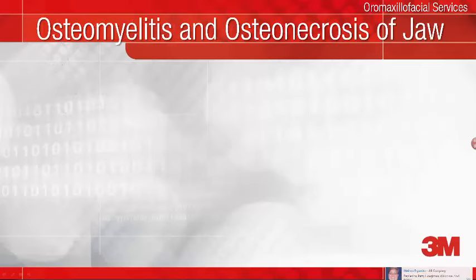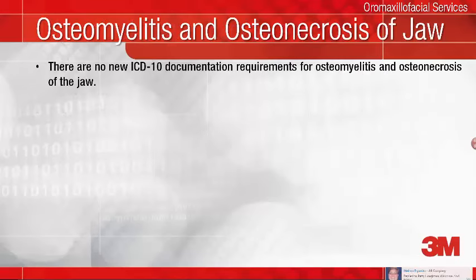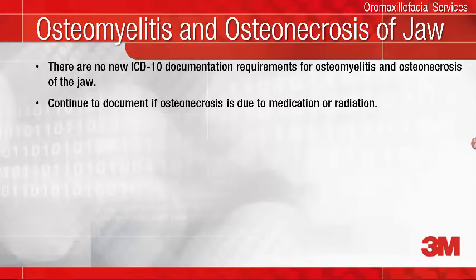There are no new ICD-10 documentation requirements for the diagnoses of osteomyelitis and osteonecrosis of the jaw. Continue to document in your notes if osteonecrosis is due to medication or radiation, so the respective codes that reflect these etiologies can be assigned.